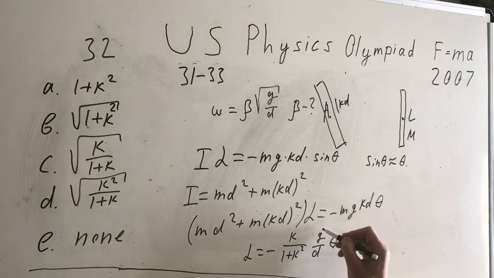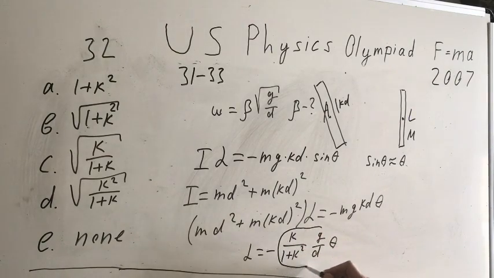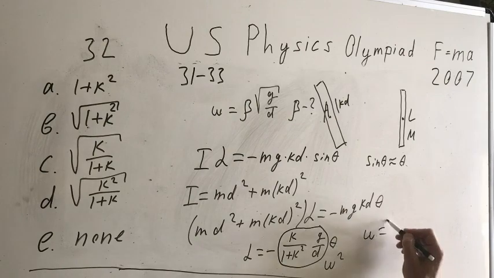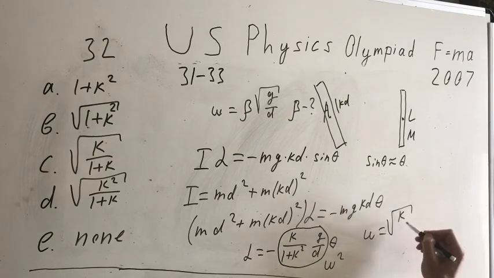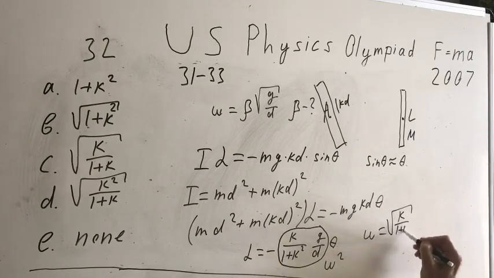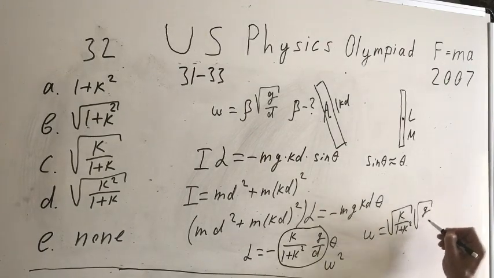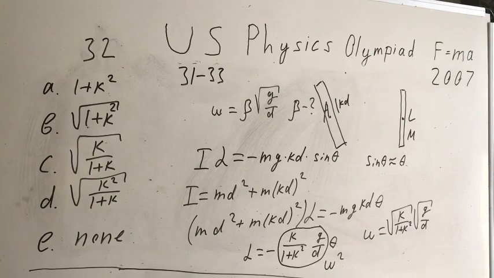In that case, this coefficient is exactly equal to omega square, and we can write omega equal root of k over 1 plus k square times root of g over d.